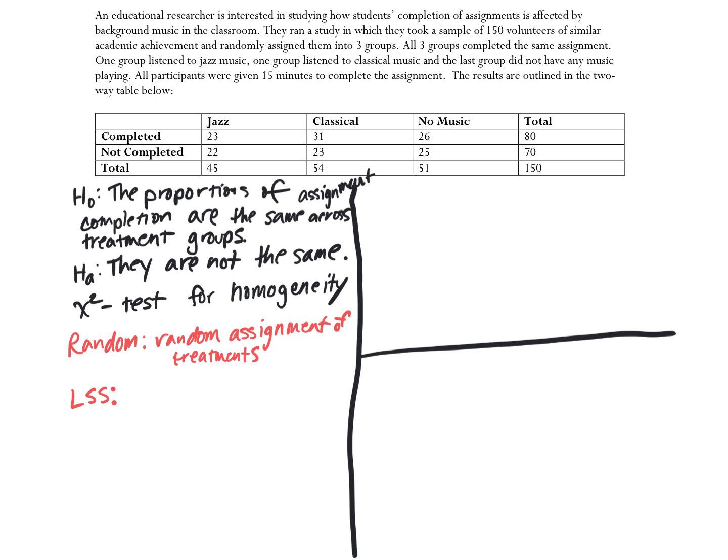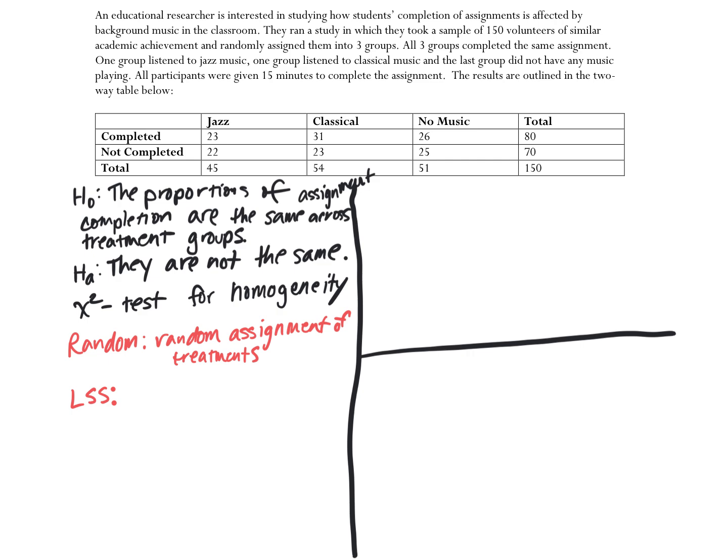A 2x4 table is very reasonable. Everybody good? I want to show you some lovely things in the calculator, because the calculator does all of those calculations for you. So we're actually going to run the test in our calculators before we finish checking our conditions. Is everybody good? Let me pull up my calculator here.